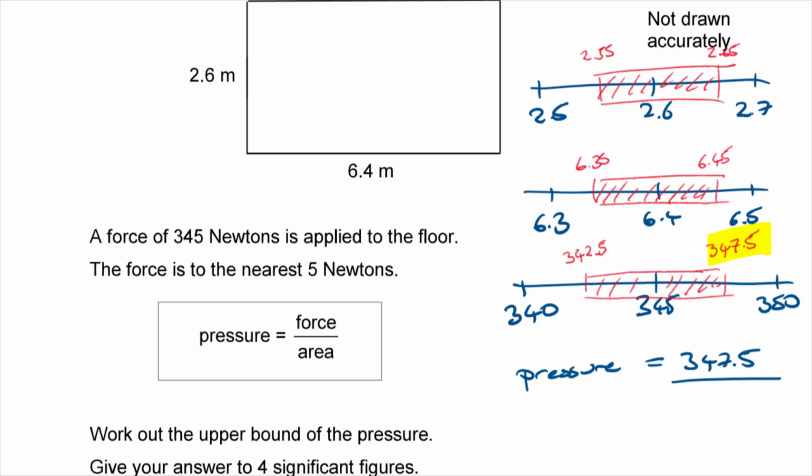That would be taking the lower bounds of my two sides of the rectangle and multiplying them together: 2.55 times 6.35. If you're getting confused, you can just do the calculations multiple times with the various values and see which one is the biggest and the smallest.